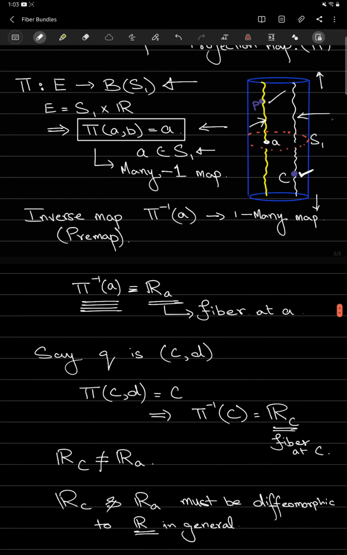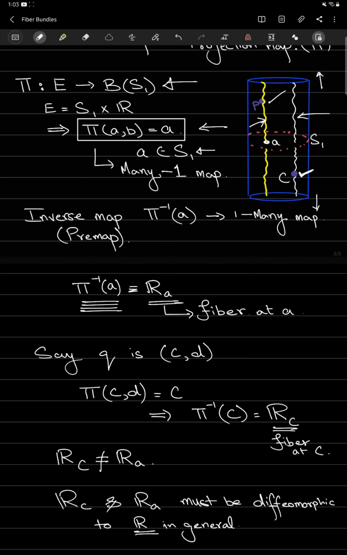If you look at this cylinder, you can see that RC and RA are indeed diffeomorphic to each other, and they are also diffeomorphic to a general line R in this space E. And this is a pretty trivial case, right?